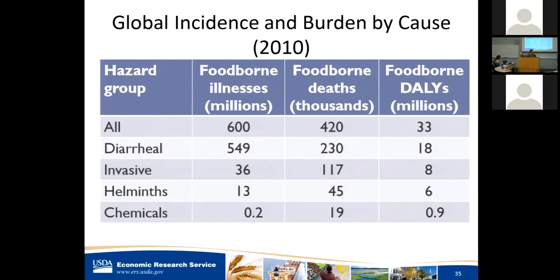It ranks below tuberculosis. Malaria, tuberculosis, HIV are above it, but it's a pretty significant burden globally. And as you'll see, the chemicals are in here, but the major component are diarrheal illnesses.